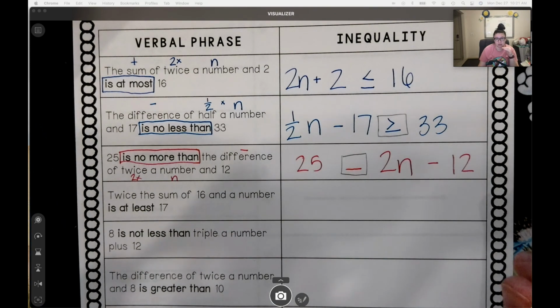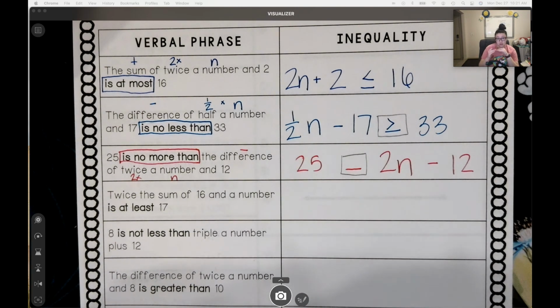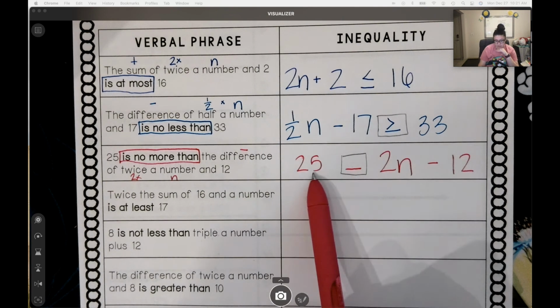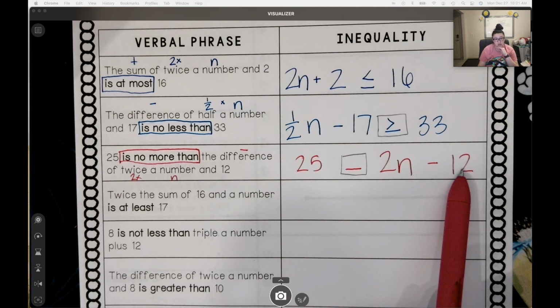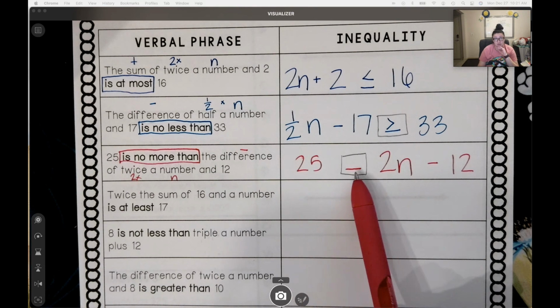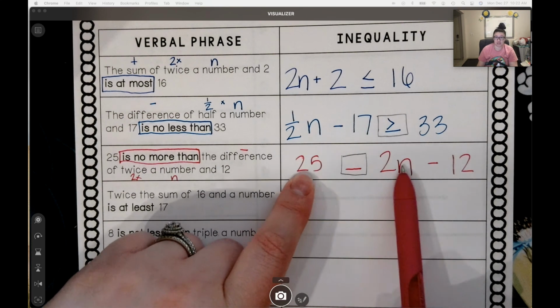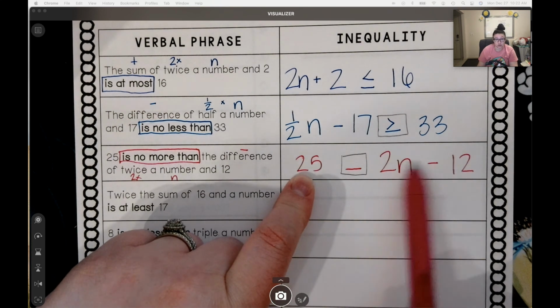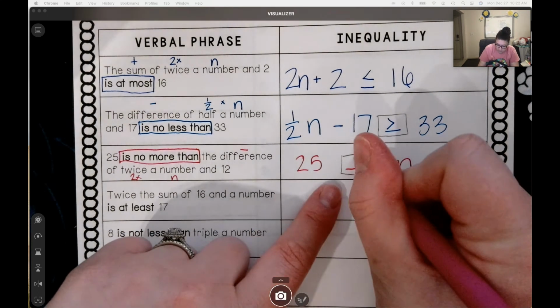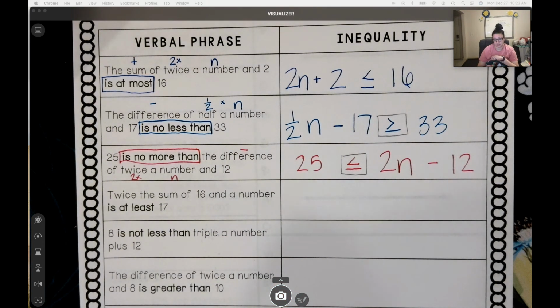Could you be greater than 25 if 25 is no more than your age? That means, yeah, 25 is not bigger than your age. Your age could be bigger than 25. So we want to use the less than or equal to symbol there.